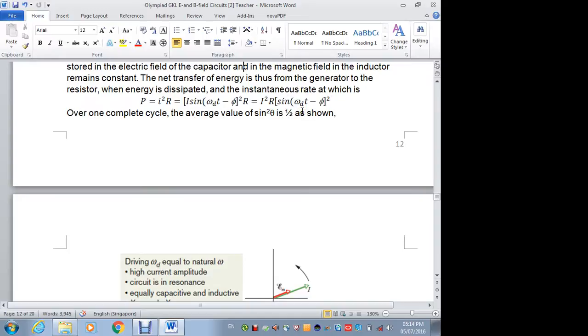We want to find the average power over one cycle, because over one cycle is enough, since it will repeat itself again. Now, how do you show that the average of sine square theta is half? You have to perform an integration. You can try this at home.